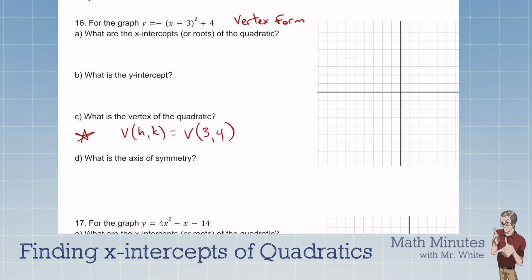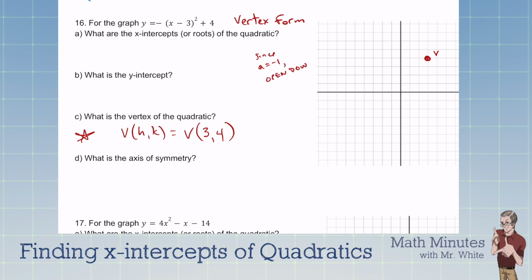So on my graph, I can go over 3 up 4 and label that with a V. Now, will this graph open up like a cup or will it be concave down like a frown? Well, since the leading coefficient is negative, since A equals negative 1, it's going to open down.